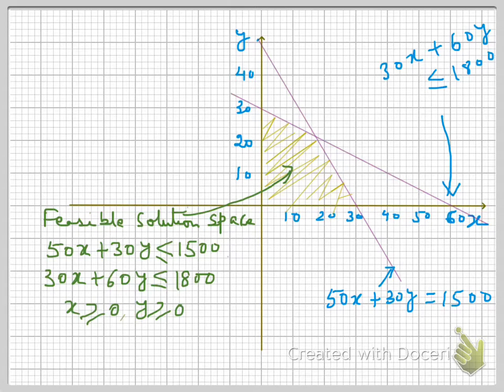X greater than or equal to 0 and y greater than or equal to 0. All these four constraints are satisfied by the points lying in this space. This is called feasible solution space.